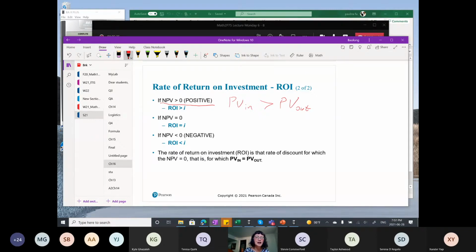If NPV is greater than 0, you have rate of return greater than interest, I. If you have NPV equal to 0, rate of return equals I. If NPV is smaller than 0, you have a rate of return smaller than I.